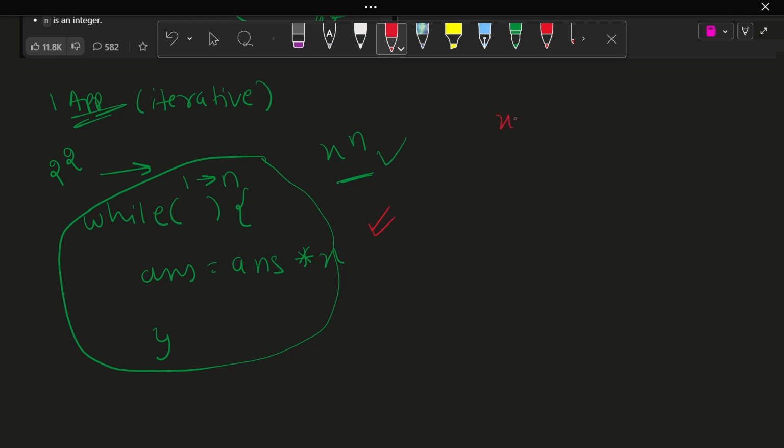Suppose they are asking x power minus n. In the same way, first you calculate x power n, and finally you do x equals 1 by x power n. How? Because if you want x power minus n, you simply do 1 by x power plus n. That's it. So we have understood it with the help of the simple iterative approach.